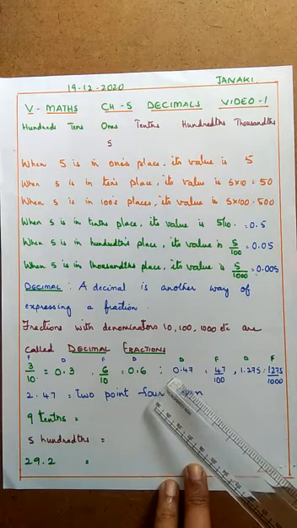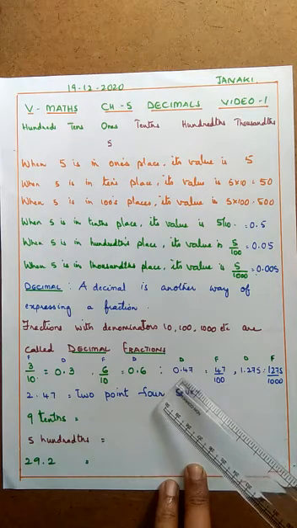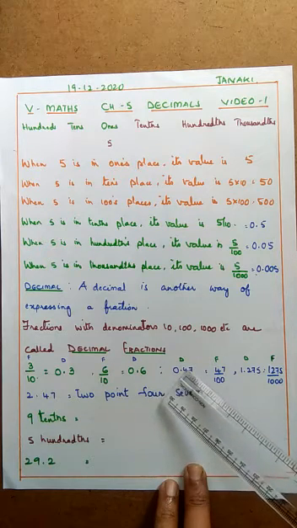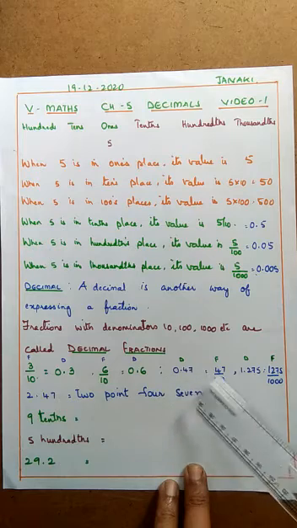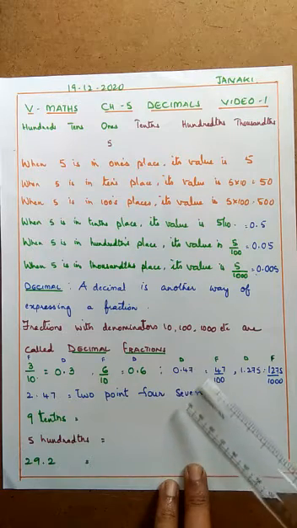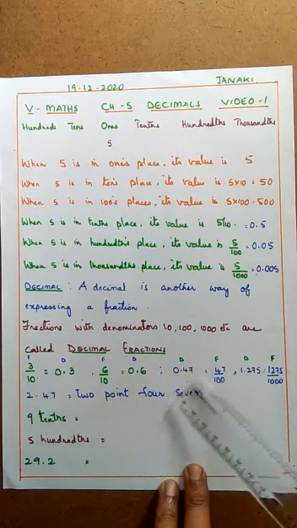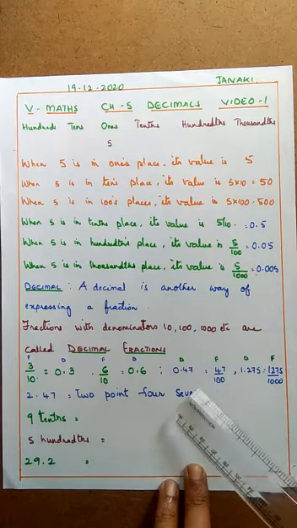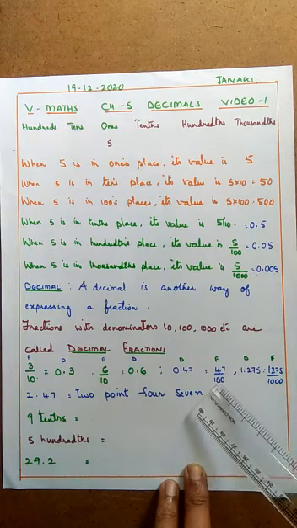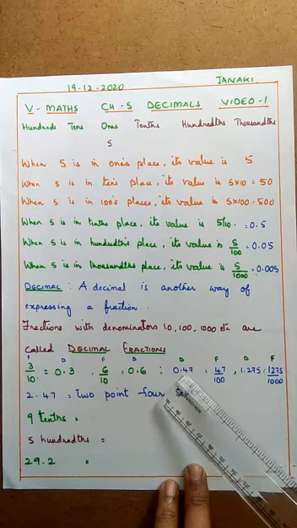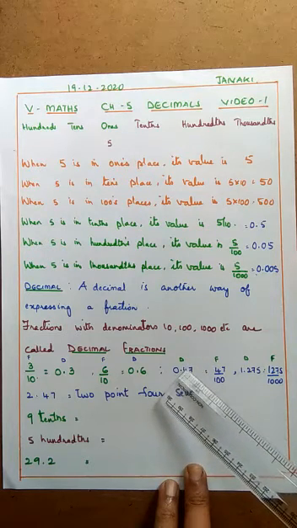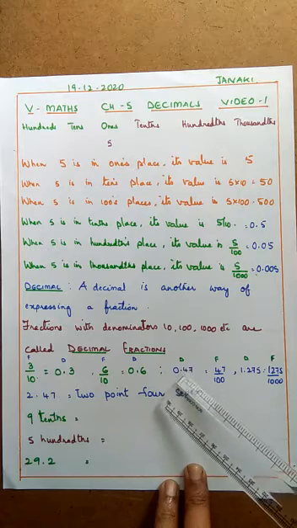Now see another one, 0.47. Here we are writing the decimal in the form of a fraction. Remove the decimal and write 47, and write the denominator as 100 because there are 2 decimal places after the decimal point.